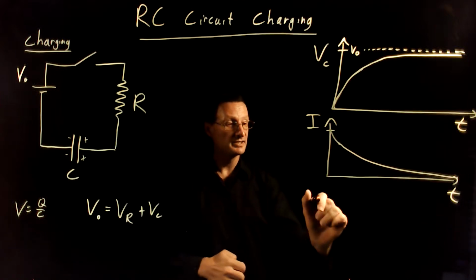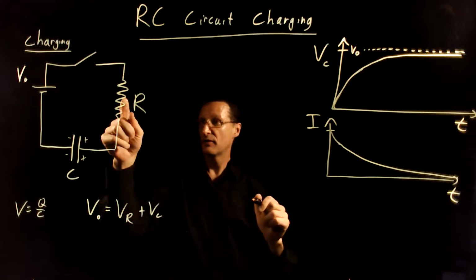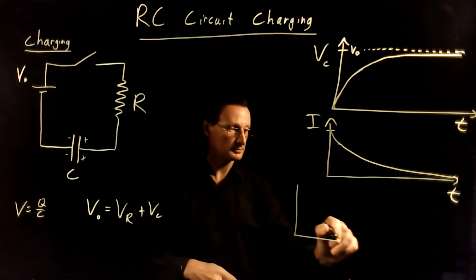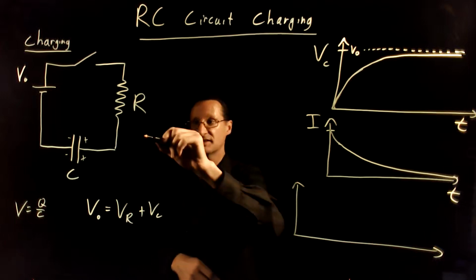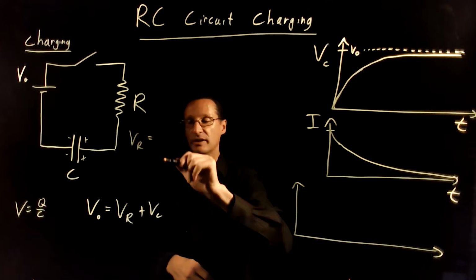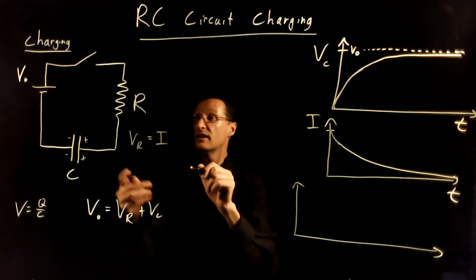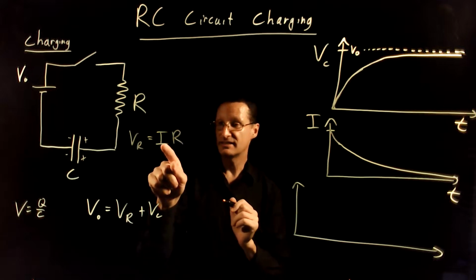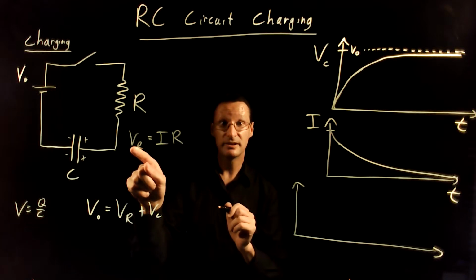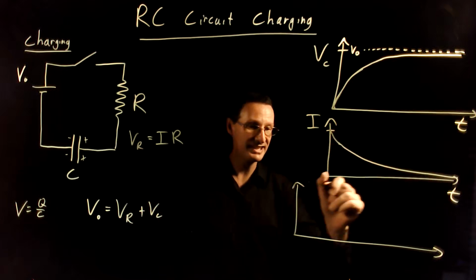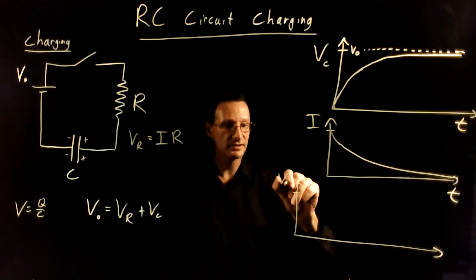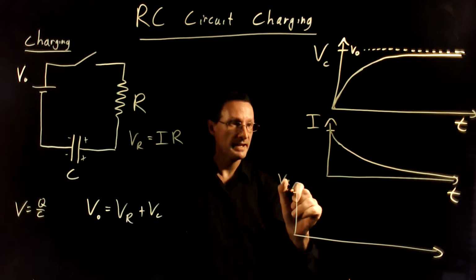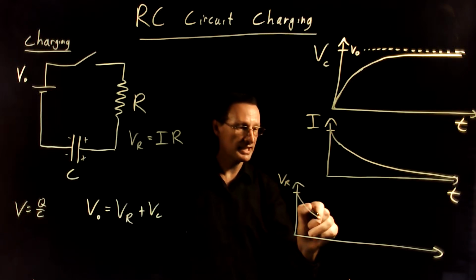So this one is what tells me what happens with the voltage across the resistor. Because the voltage across the resistor is going to be the current in the circuit times the resistance, if this decreases exponentially, this is going to decrease exponentially too. So it's going to be shaped exactly like this. So this is the voltage across the resistor, and it's going to be shaped exactly like that.